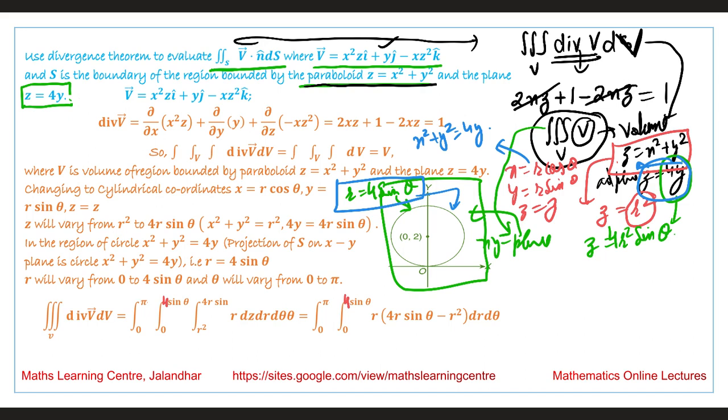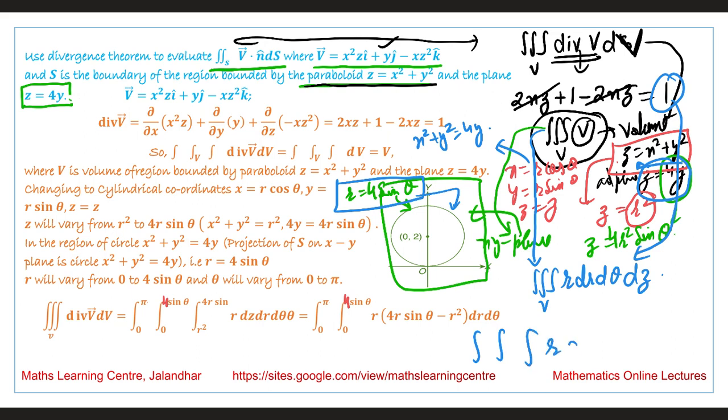So the volume is the triple integral over V, and we have changed it to cylindrical coordinates, so we have r dr d theta dz. The function we have is 1, so we can write this as the triple integral of r dz dr d theta. z is varying from r square to 4r sin theta.